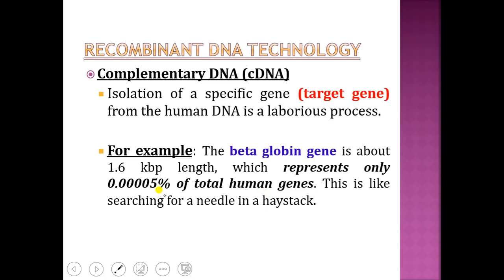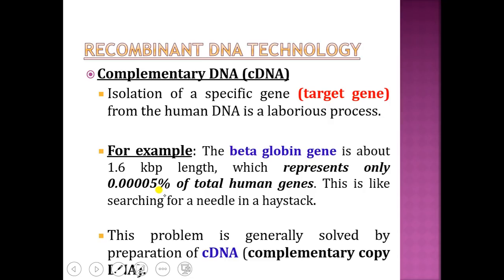So you can understand how difficult it is. It's like searching for a needle in a haystack: only a single gene that represents only 0.00005% of the total human genome.